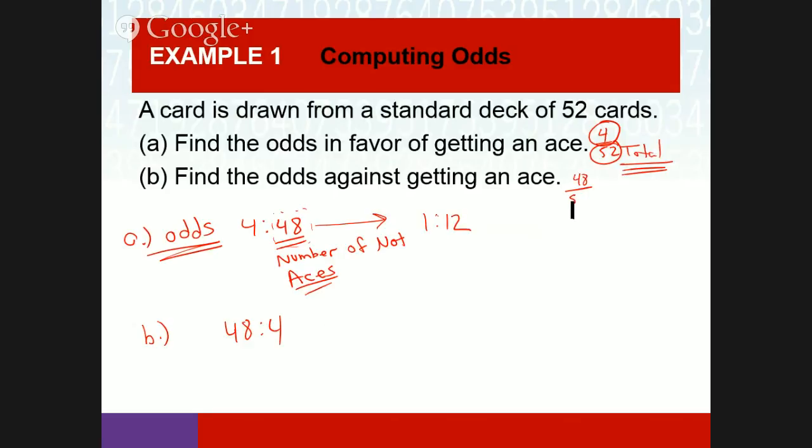It would be 48 over 52, the probability of not getting an ace. 48 cards are not aces over 52. You guys see the 48 and the 4 and the wording, the odds in favor of and the odds against. The order matters. The first is either getting a card or against getting the card.